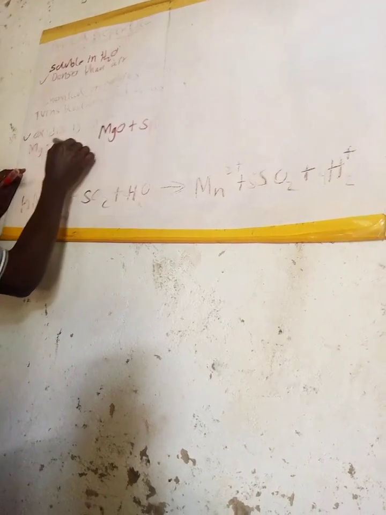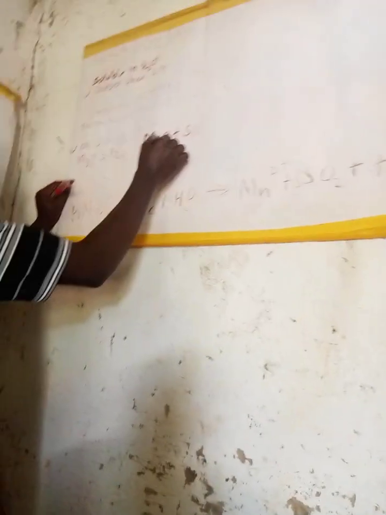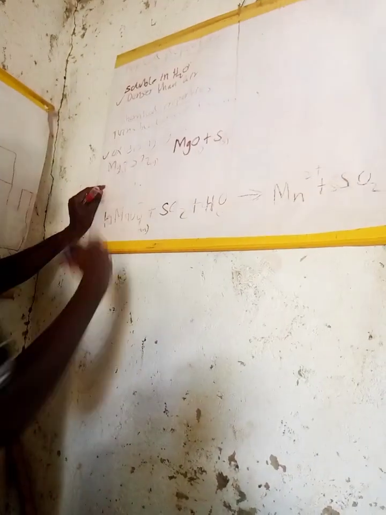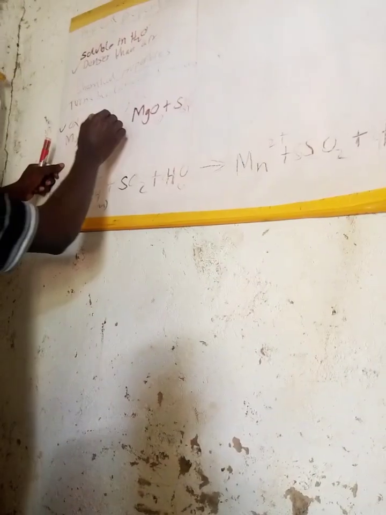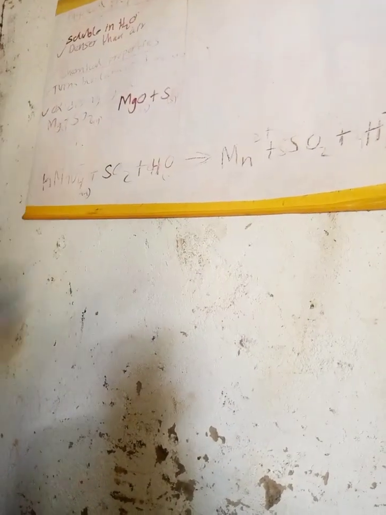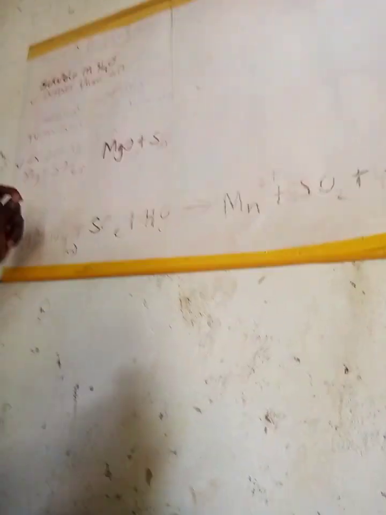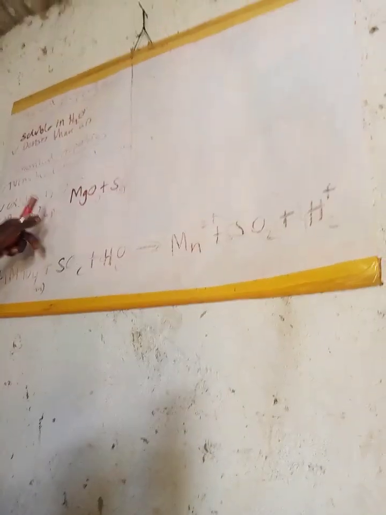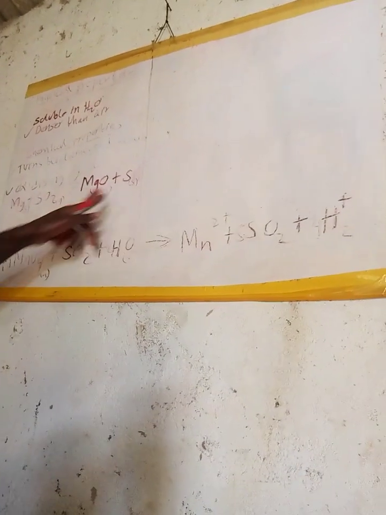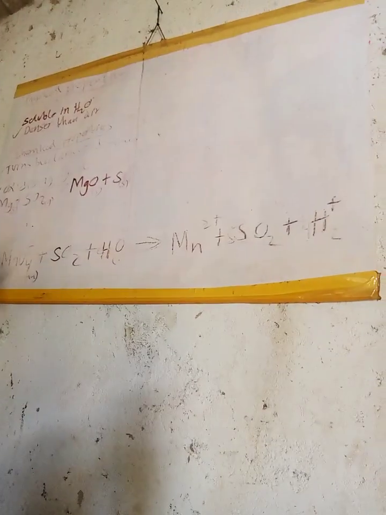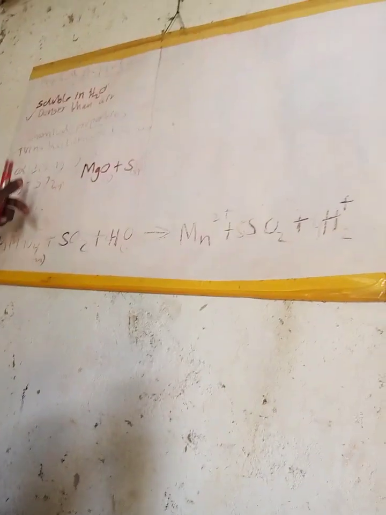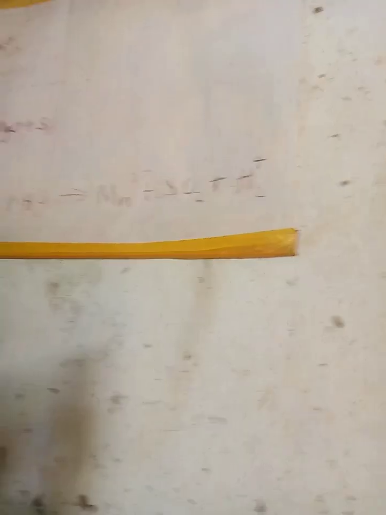Magnesium is solid, sulfur oxide is gaseous, and the sulfur formed is solid. As you can see from this equation, this sulfur oxide has oxidized magnesium. It has given its oxygen to magnesium, remaining as sulfur.